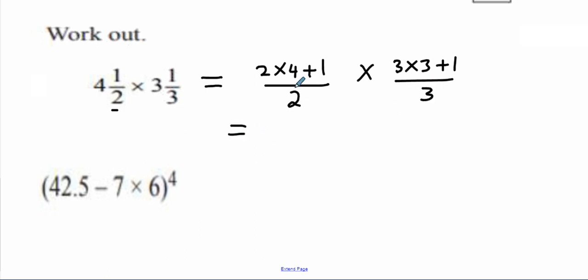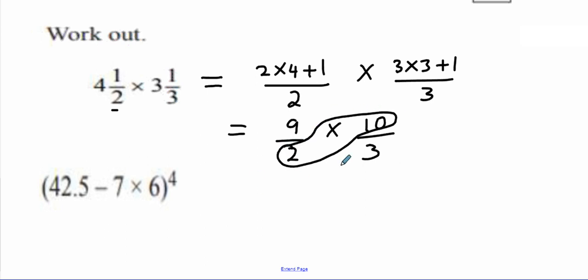Can keep going. 2 times 4 is 8. 8 plus 1 is 9 over 2, times 3 times 3 is 9, 9 plus 1 is 10 over 3. See that? These numbers diagonally, you can simplify them. And also these numbers diagonally, you can simplify them.